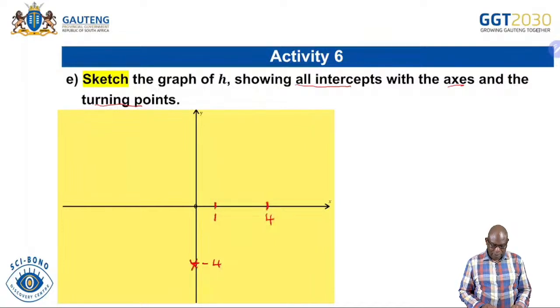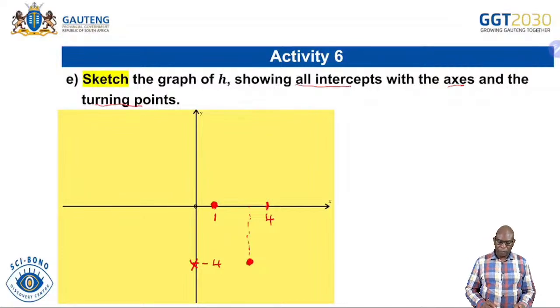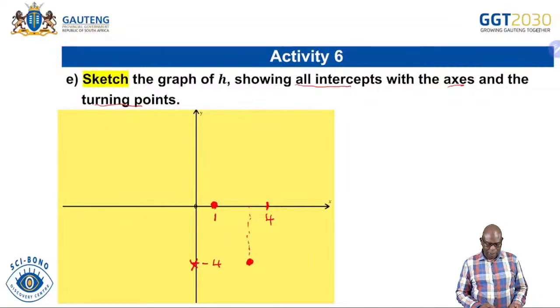This is my x-intercept. This is my turning point and x-intercept. We have another turning point at 3 and negative 4, somewhere there. Right? So we've got two turning points, so my graph must pass at this point, must turn there, must turn here, must pass at this point.